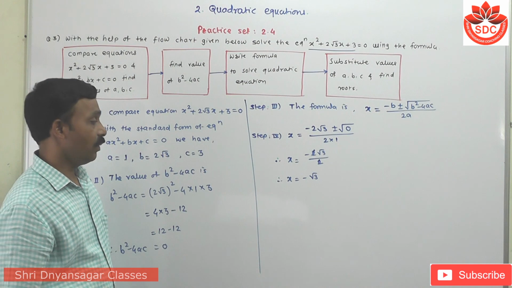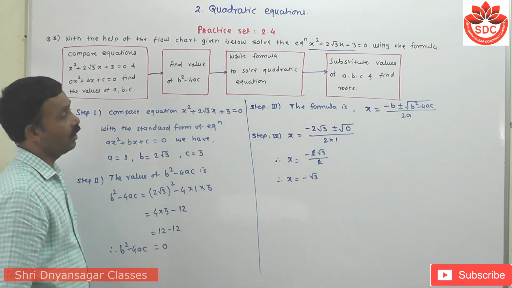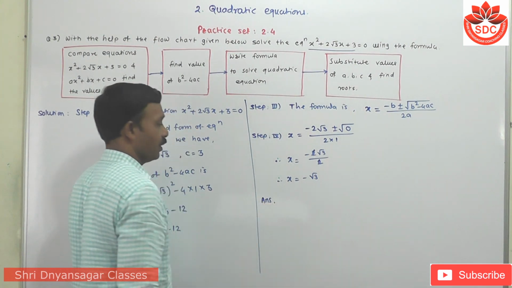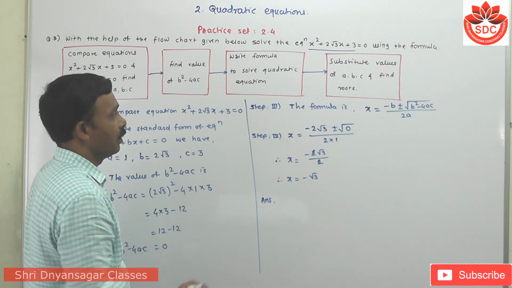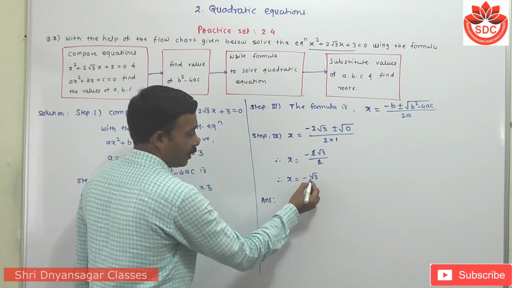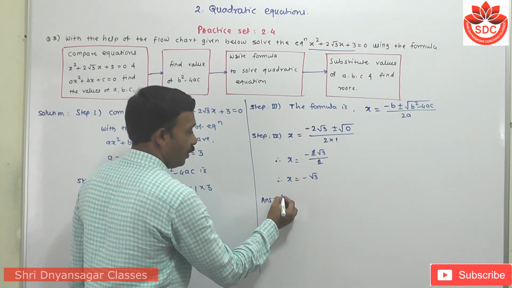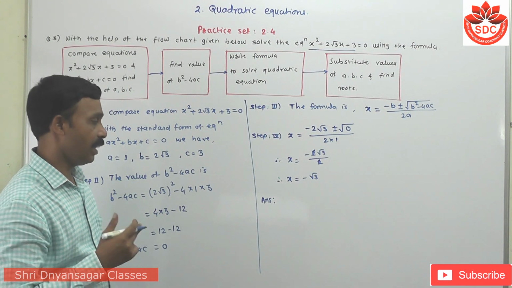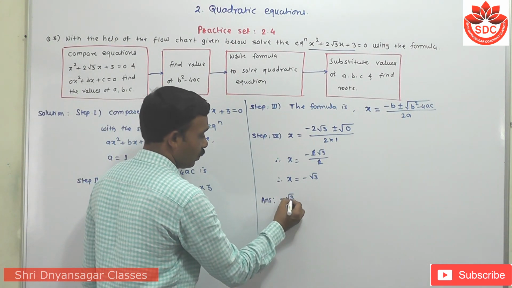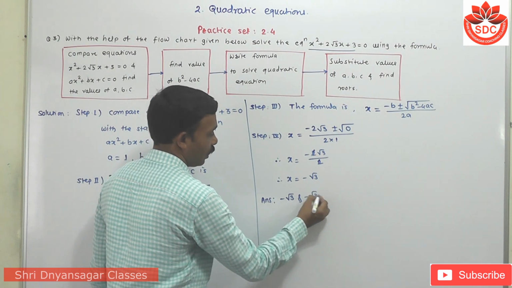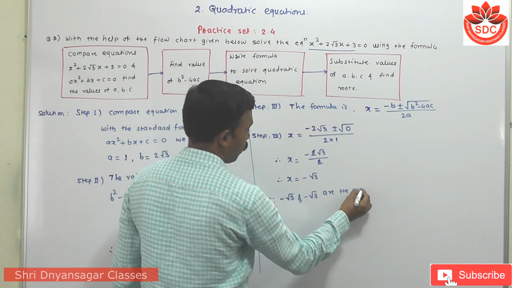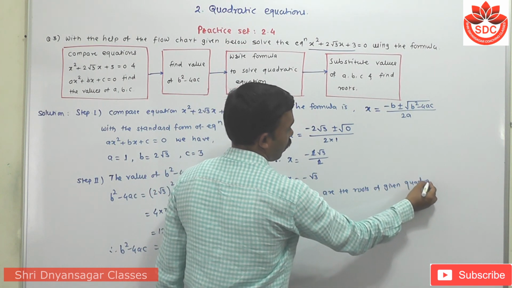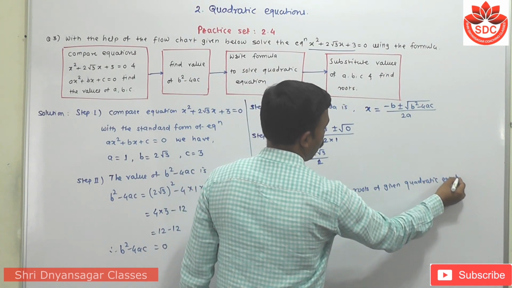So we have to write the answer to the given question. Answer: the value of x is minus root 3, and again we take two values here, so we write the answer: minus root 3 and minus root 3 are the roots of the given quadratic equation.